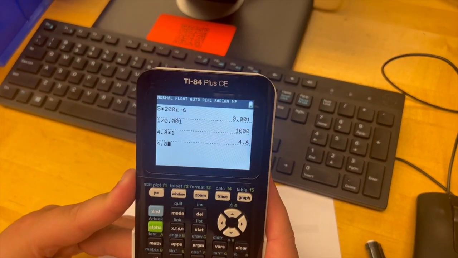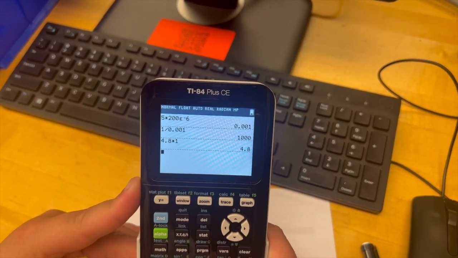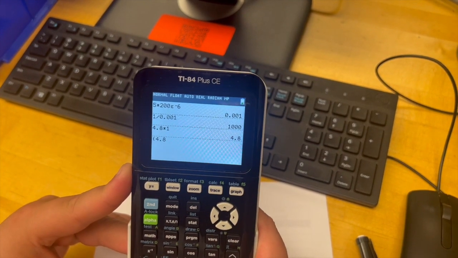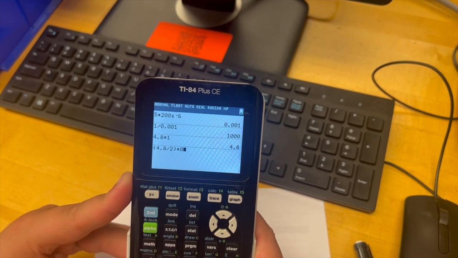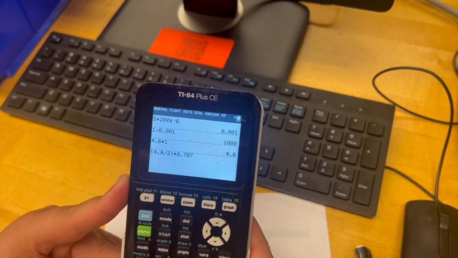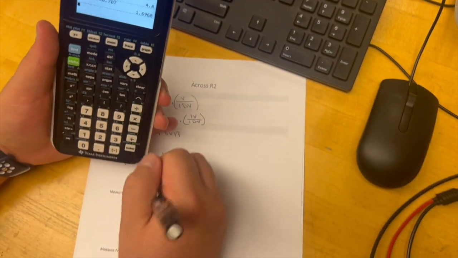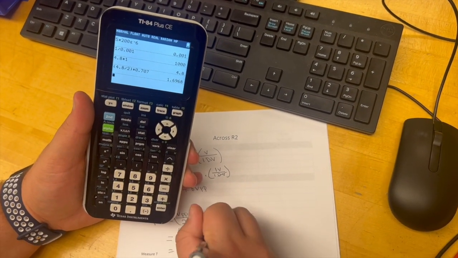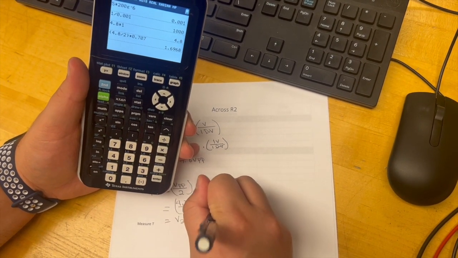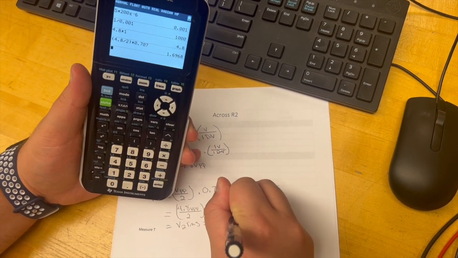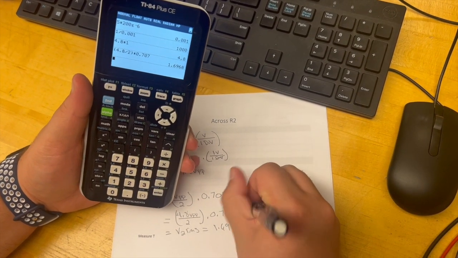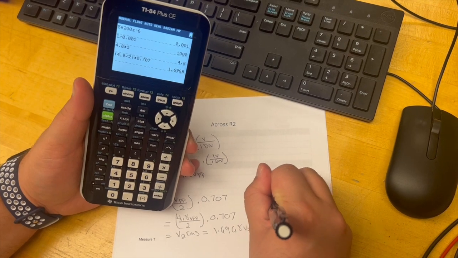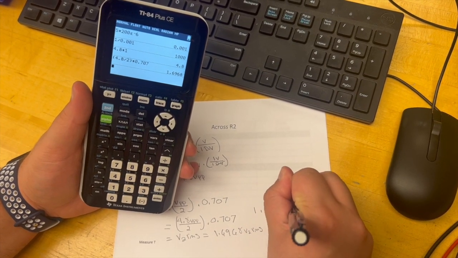So 4.8, let's actually use our parentheses. 4.8 divided by 2, close parentheses, times 0.707 equals, and we have our V2 RMS will equal 1.6968 V2 RMS. Or we can also write it as 1.69 V2 RMS.